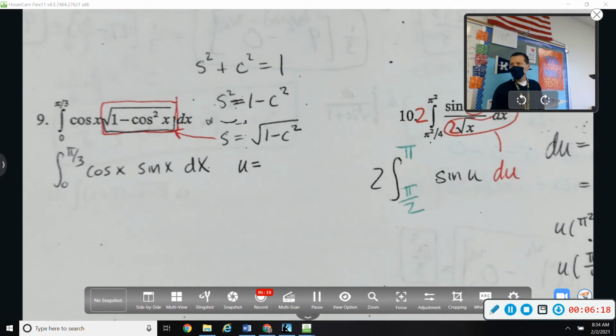This one's kind of weird for who to pick for u, because the derivative of sine is cosine. The derivative of cosine is negative sine. So it doesn't matter on this one. You can pick either one and end up being okay. I still think there's a better choice, because the positive negative thing is easier one way than the other, but you can work it either direction. So which one do you think is easier, to let u be sine or for u to be cosine?